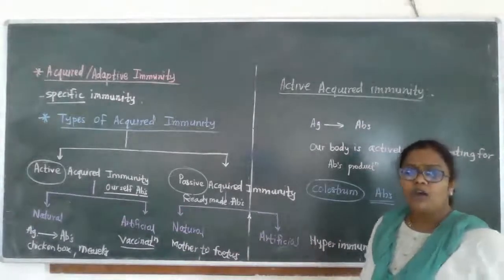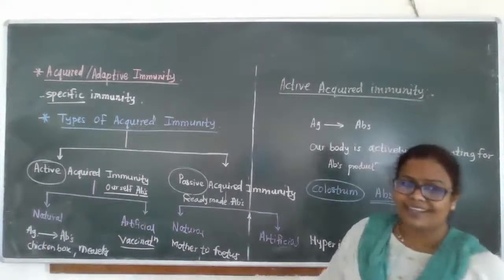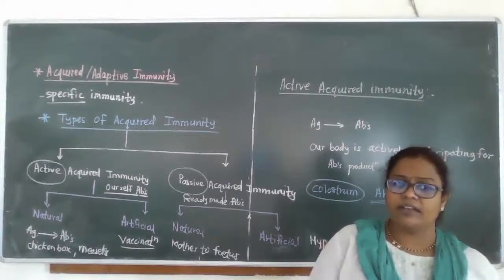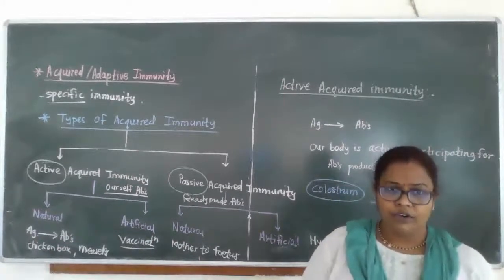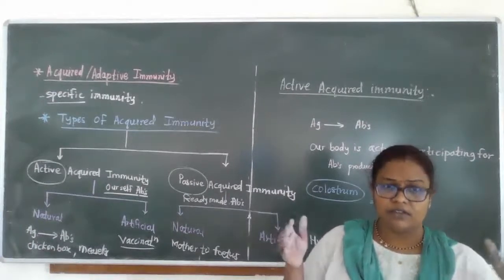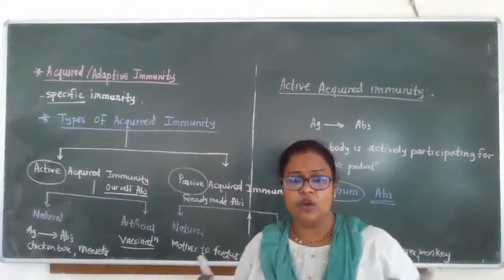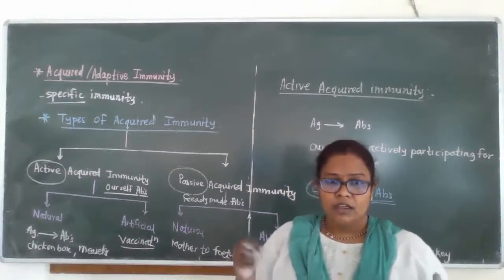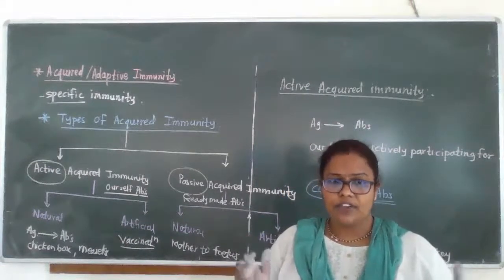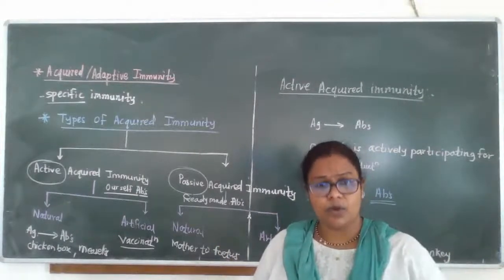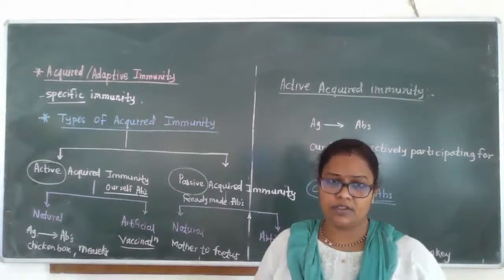As you know, the plasma therapy. What is the characteristic or principle behind plasma therapy? After 40 days, the person who previously suffered with a COVID infection now has created antibodies against that COVID virus.